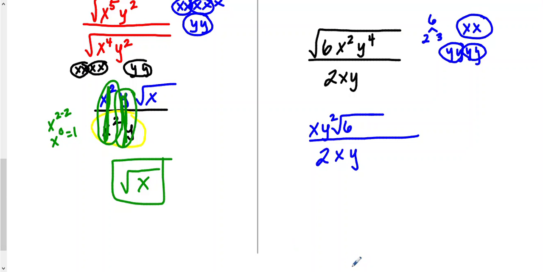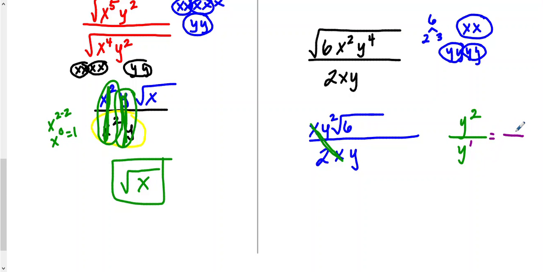Now we have to simplify everything on the outside. Well, look, x divided by x, anything divided by itself just becomes the number 1. Y's are a little bit different. This is like saying y squared over y. So we have to say 2 minus, remember when you don't see anything, it's just 1.